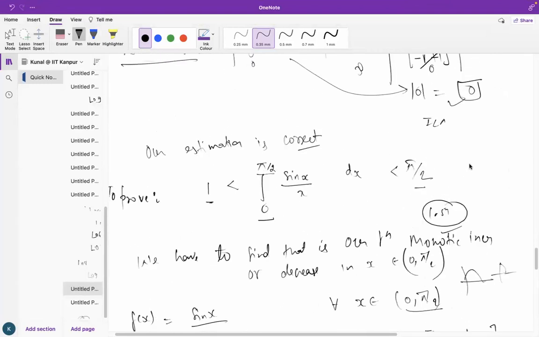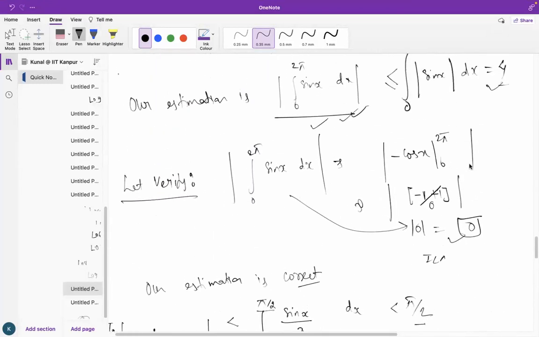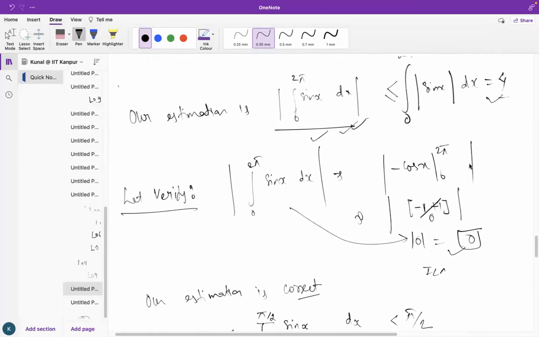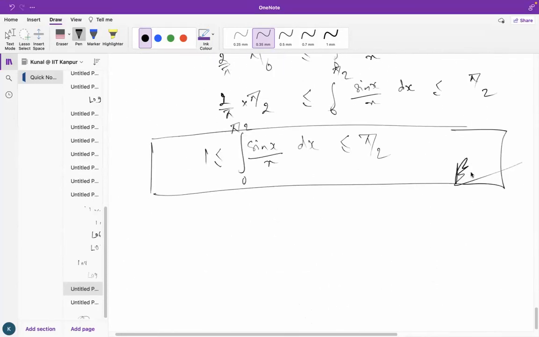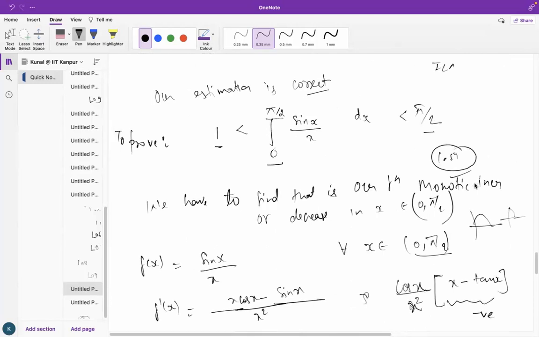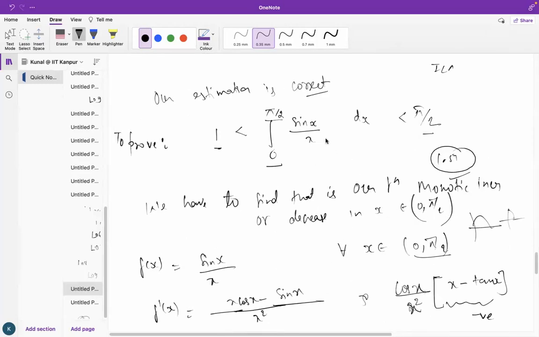So I hope you all understand what I'm trying to say here. What I used here, first step, to prove it: we don't know whether our function is monotonic increasing or monotonic decreasing, right? And we don't know the function's maximum value and minimum value.